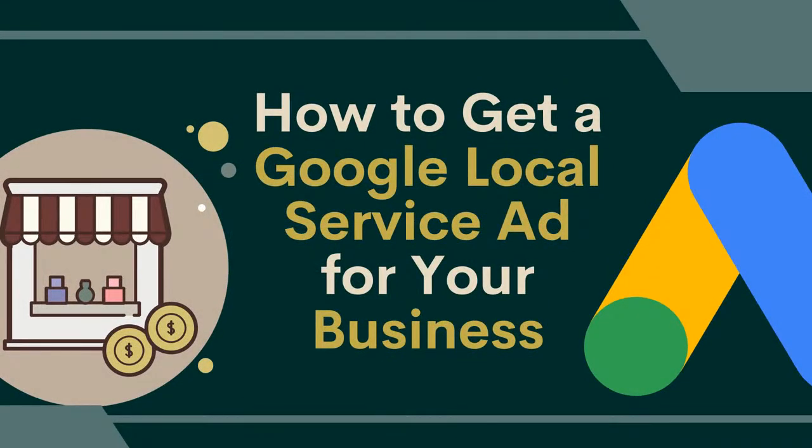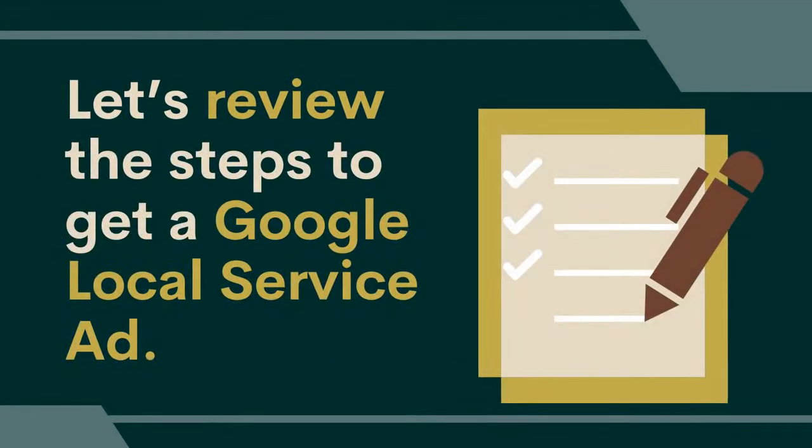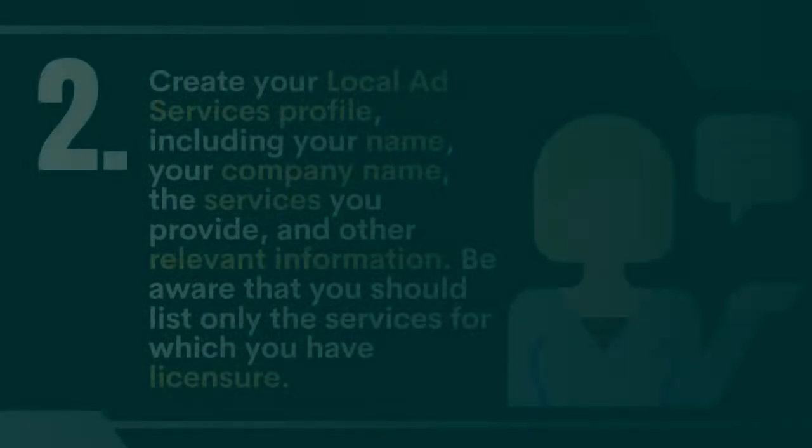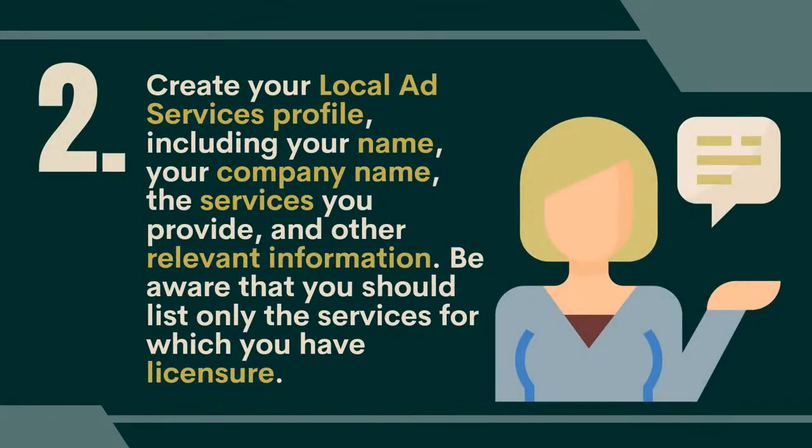So, let's talk about how to get a Google local service ad for your business. Let's review the steps. Step number 1. Check your eligibility by going to Google's local service homepage and clicking the Get Started button. Step number 2.